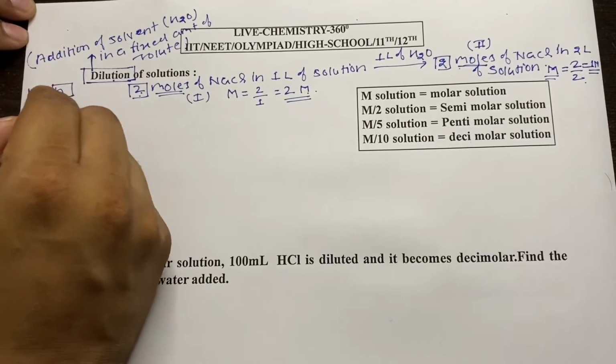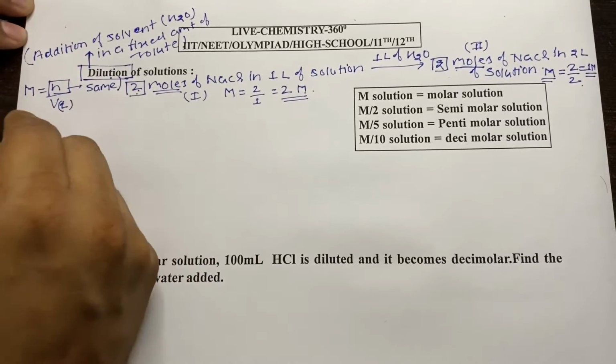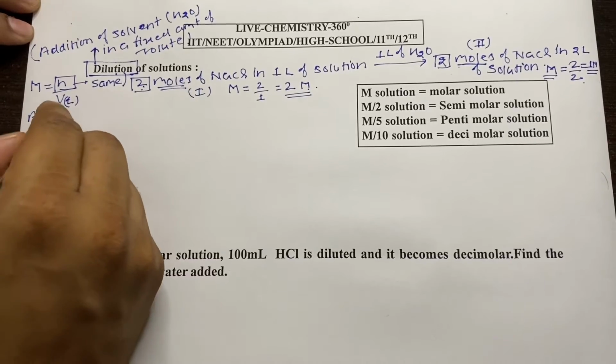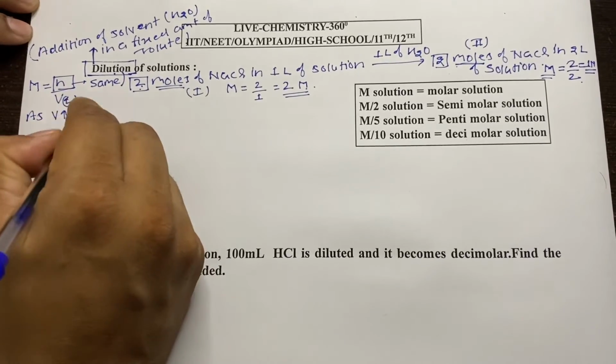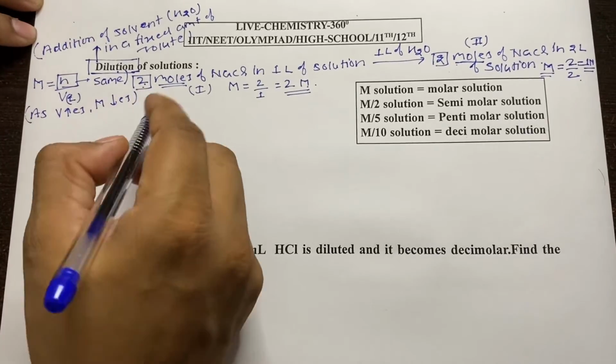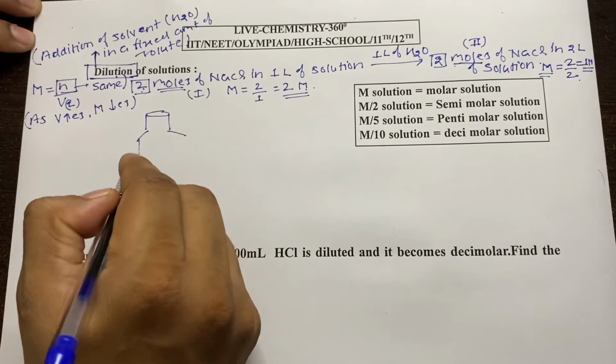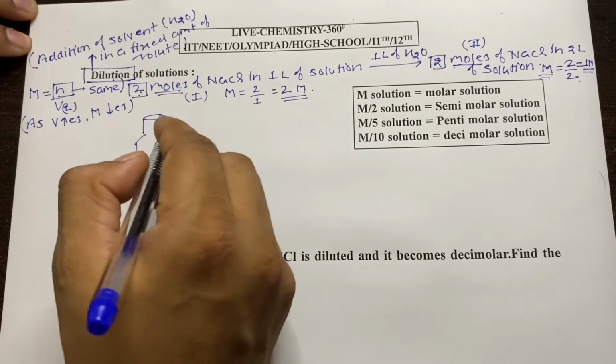So when the number of moles is the same, as volume increases, molarity will decrease.